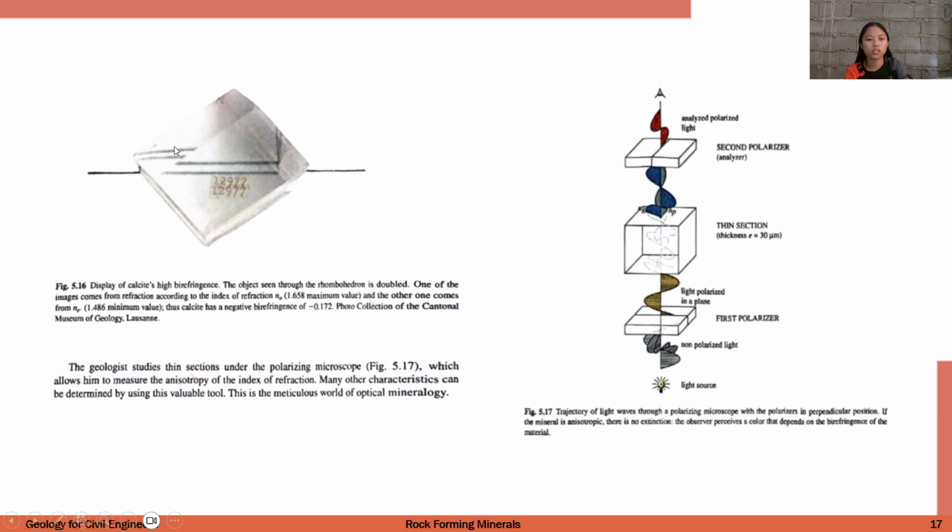Tas, two lines dito, din dito. So, when we look at this object through a piece of calcite shaped like rhombus, ang object, it seems like it's in two places at once.